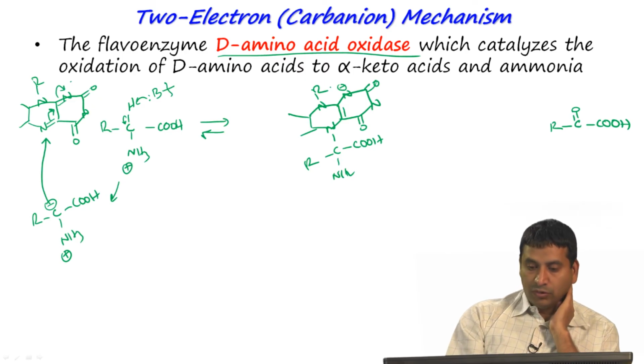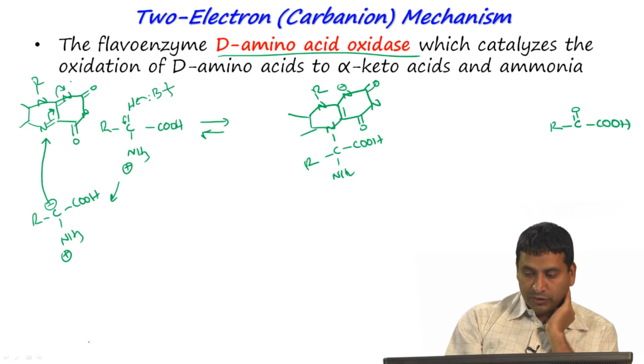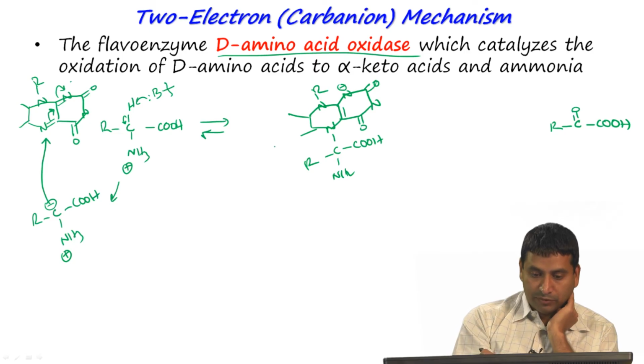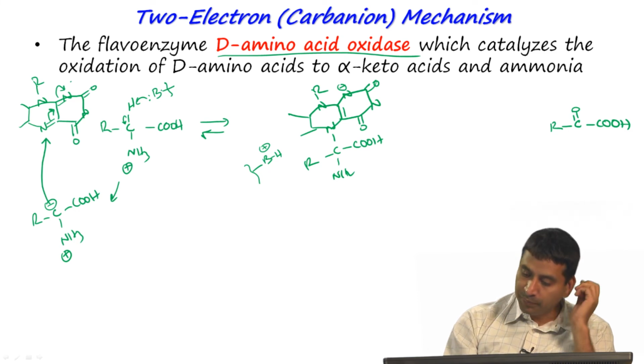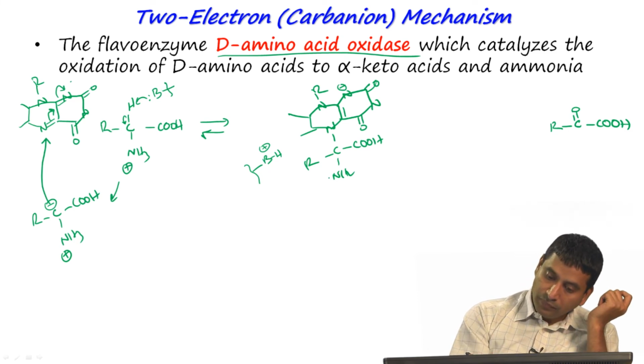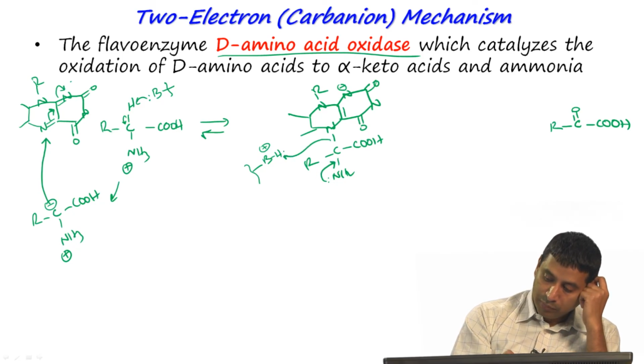Okay. So, now for this species you would need the base, which is here BH+, which has picked up a proton from here, and this nitrogen would probably push in the electrons over here, and this goes and picks up a proton and regenerates the base.